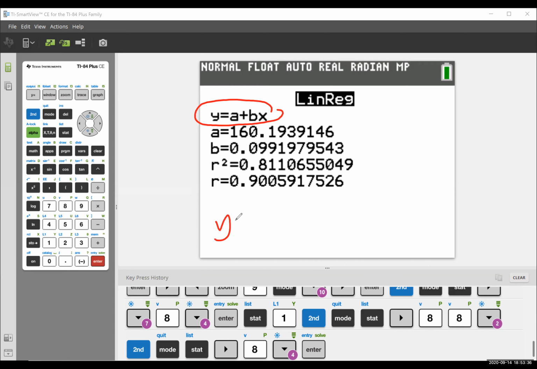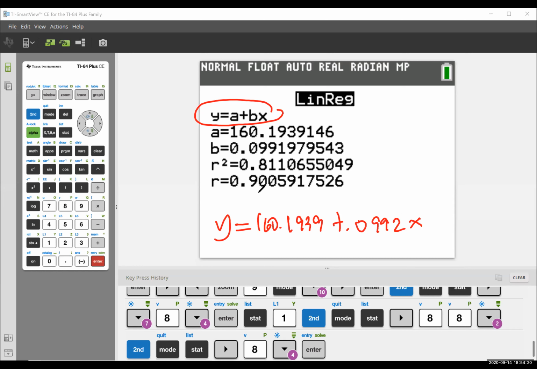So your least squares regression line is y equals, a is 160, so copy 160 point, plus your b is, let's use 4 decimals, 0.0992x.